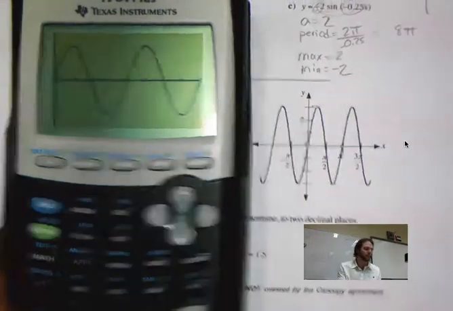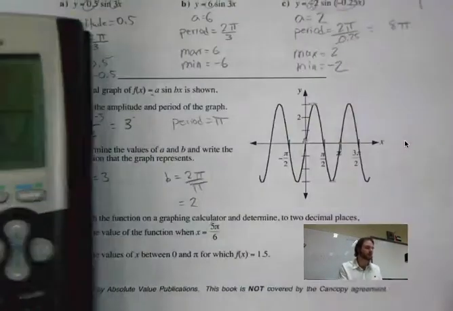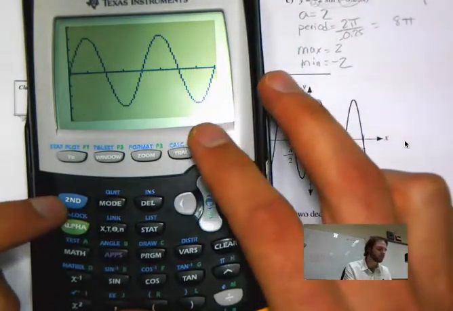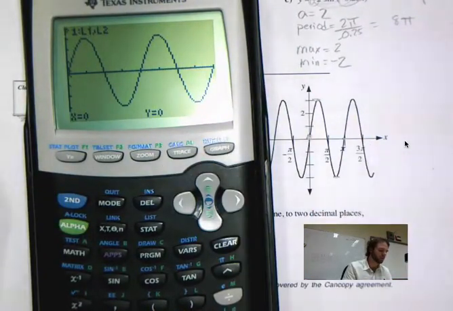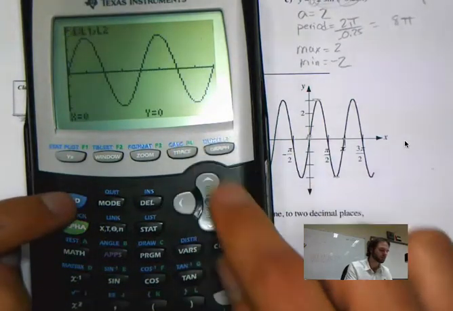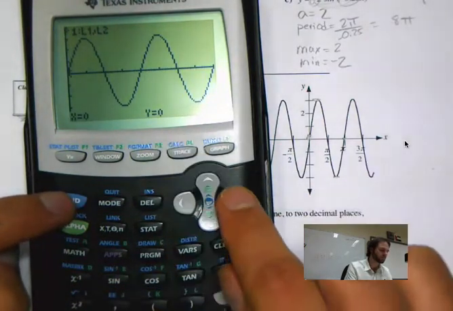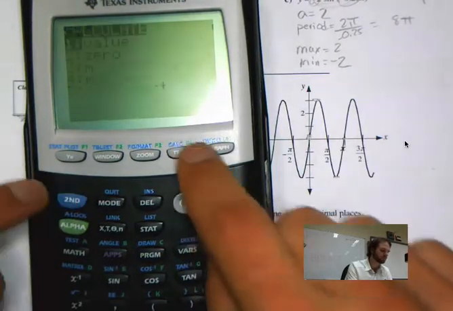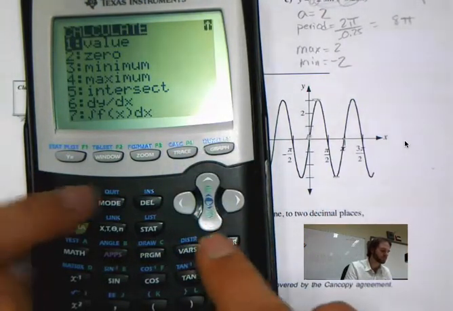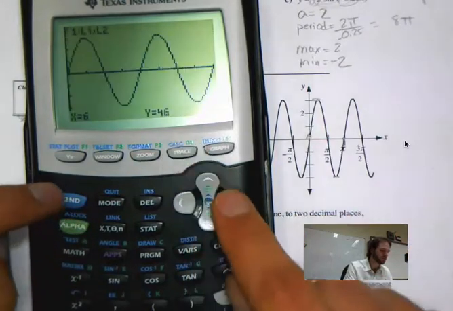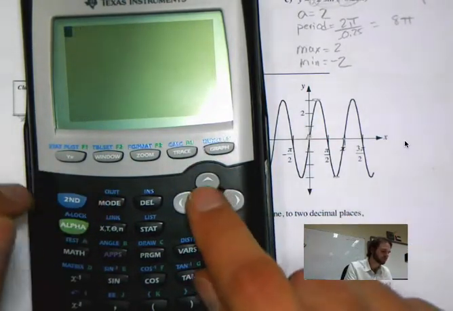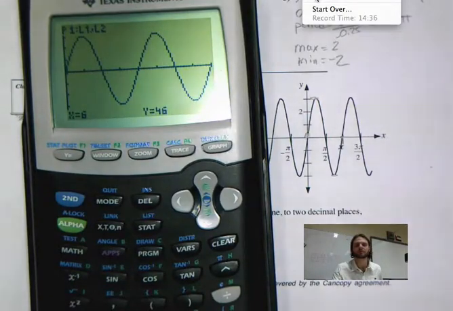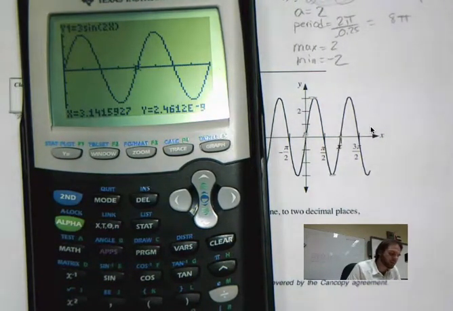So there's my graph. And now it says we want to know when x is equal to 5 pi over 6. So I'm going to have to calculate that. So we're just going to trace, and we want 5. Sorry about that, I have my stat plot on, I have to take it out.